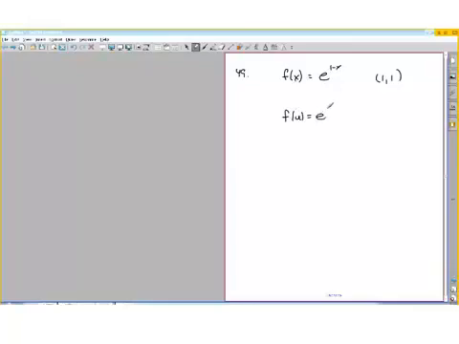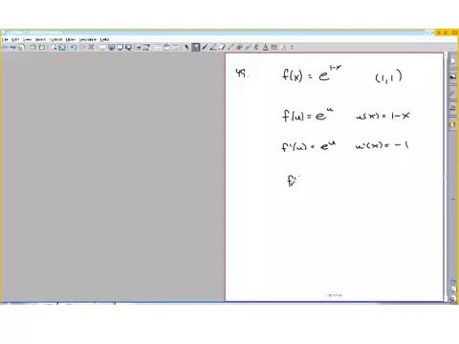So you get e to the u is f of u, and u of x is 1 minus x. So we take the derivative of each term, and we just get e to the u for the derivative, and the derivative of u is just negative 1. The 1 goes to 0. The derivative of negative x is negative 1.